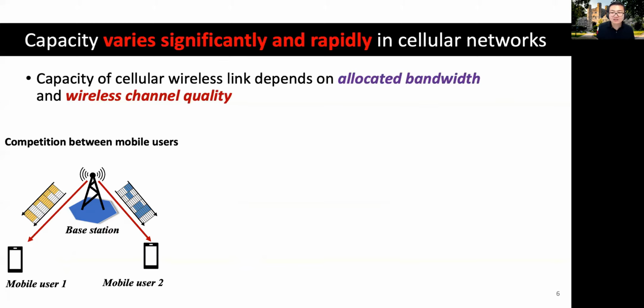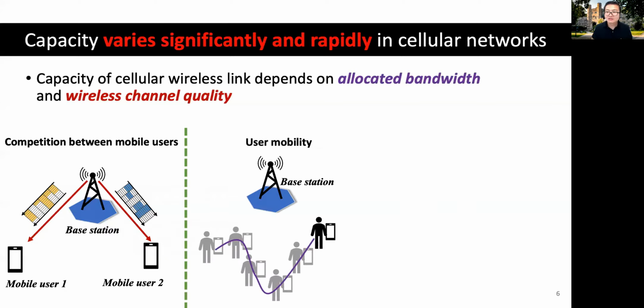Typically, a base station can serve hundreds of users simultaneously, and all those users have different usage patterns, so you can imagine that the bandwidth allocation in a cellular network is highly dynamic. The wireless channel quality of a specific user changes with the mobility of the user, and user mobility is actually quite common in cellular networks.